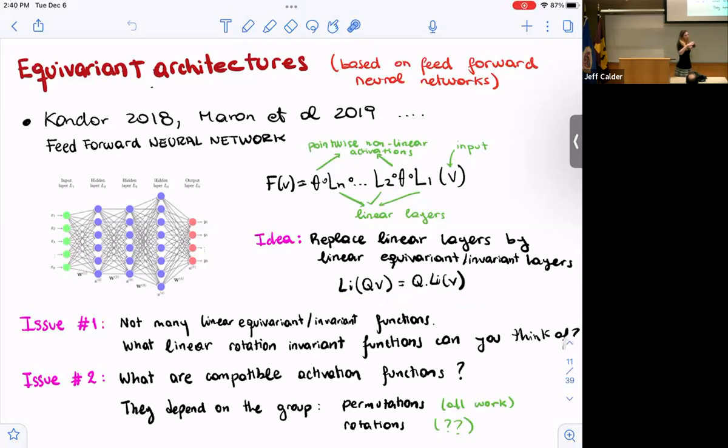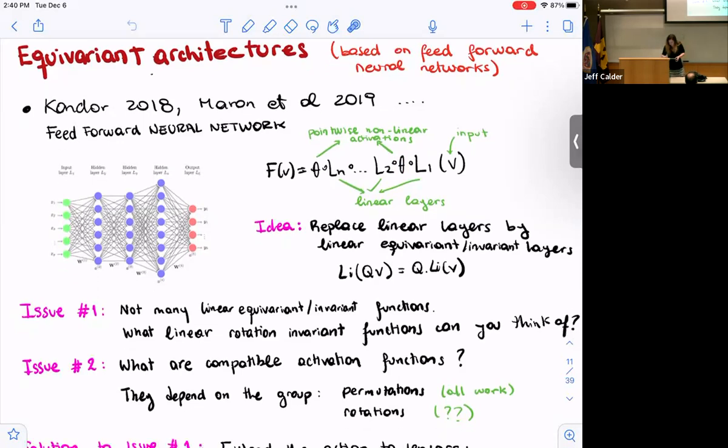Think about it: if you have a linear function that takes a vector and is rotation invariant, then you don't have that many options. That reduces the expressivity of your class of functions. The other question is how you design the nonlinear pointwise function so that it's compatible with the action, so that you don't lose the equivariance. If your action is by permutations, then that's very easy. But for other groups, you have to figure it out.